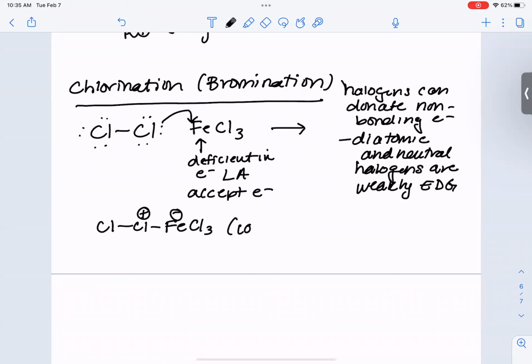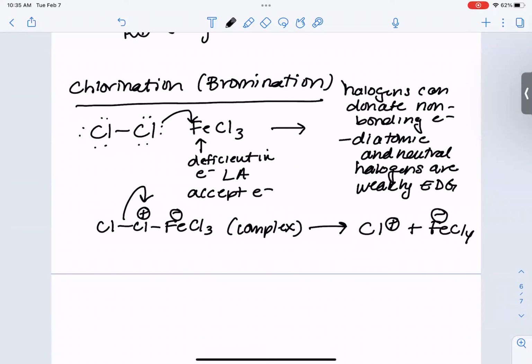This complex will break down so that these electrons go to that positively charged chlorine. And you get Cl+ and FeCl4 with a negative charge on the iron. Now I have my electrophile.